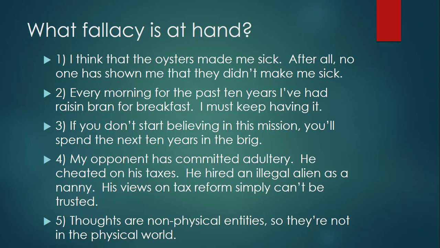What's the premise given for it in this argument? Well, the premise is that thoughts are non-physical entities. That's another way of saying the conclusion that thoughts are not in the physical world. It's just a different way of saying the same thing. So, in other words, the conclusion is contained within the premises.